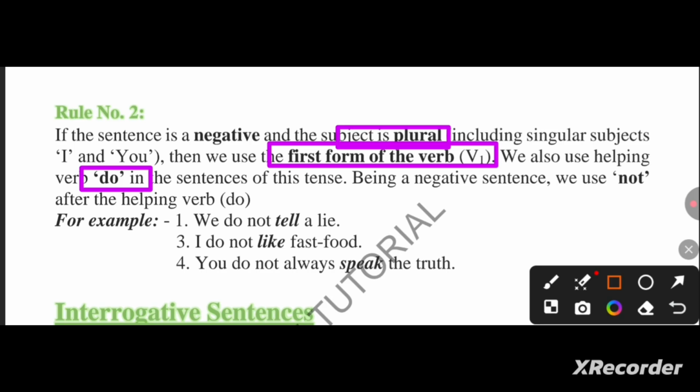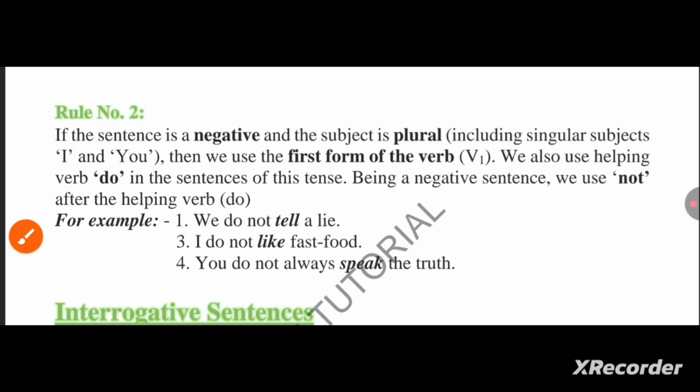If the subject is plural, including the singular subjects I and you, then we use do not with these subjects. Whether the subject is plural or the singular subjects I and you are there, here again we have to use only the first form of the verb, no S or ES over here.